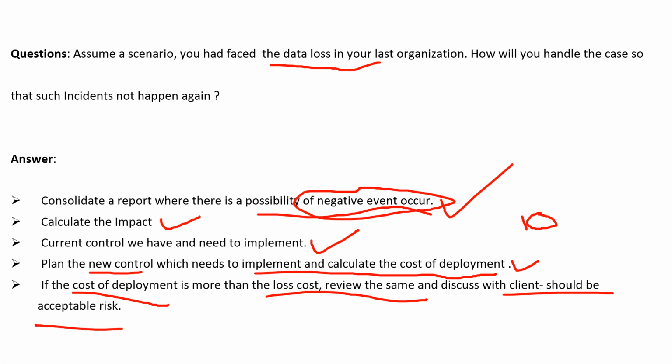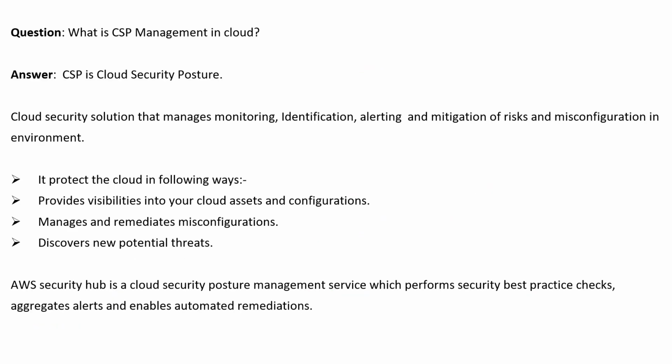Yes. Next slide. What is CSPM in cloud? Guys, CSPM is a cloud security posture management solution that manages monitoring, identification, alerting, and mitigation of risk and misconfiguration in a cloud environment. So the security posture tool manages the monitoring of traffic, right?